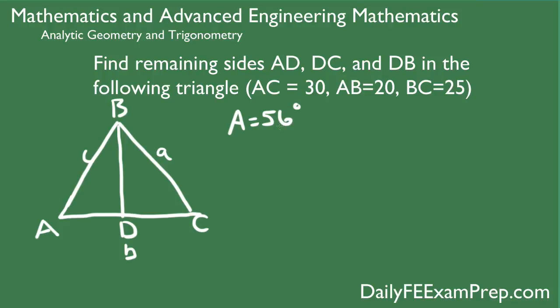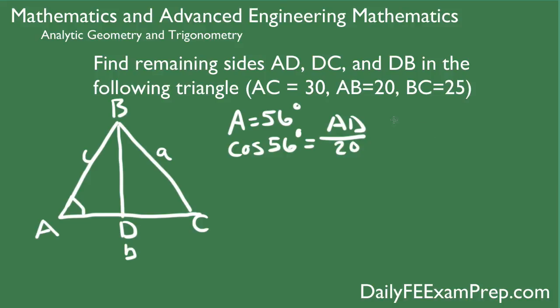So if we want to solve for AD, we know that the cosine of this angle, angle A, is going to give us the adjacent over hypotenuse. Okay, so if we take the cosine of 56 degrees, that will equal side AD all over side C, which we know AB is equal to 20, which is side C, so all over 20.